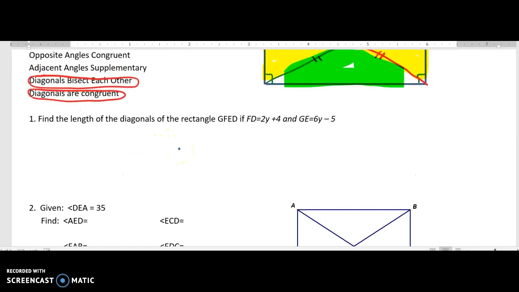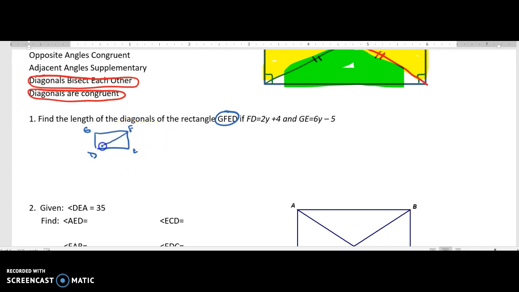So example 1, find the length of the diagonals of a rectangle if FD is 2y plus 4 and GE is 6y minus 5. So whenever we are given rectangle GFED, we're going to start at one vertex and go around clockwise or counterclockwise.